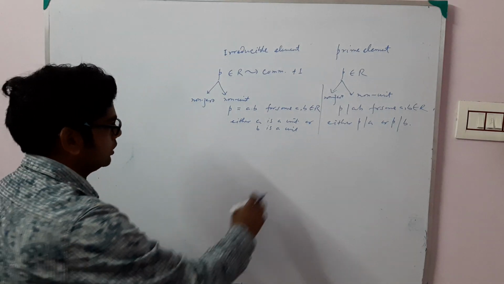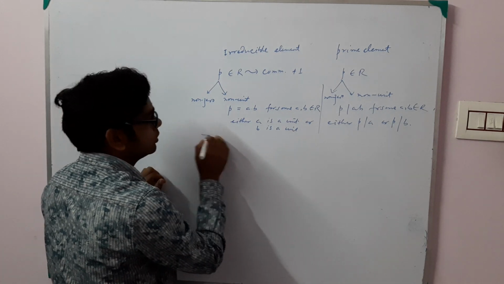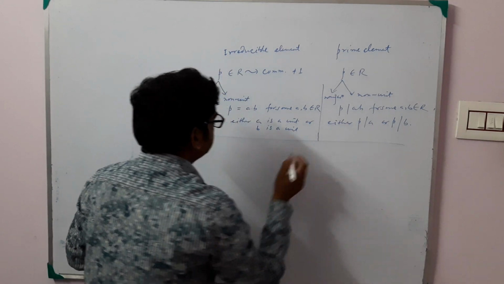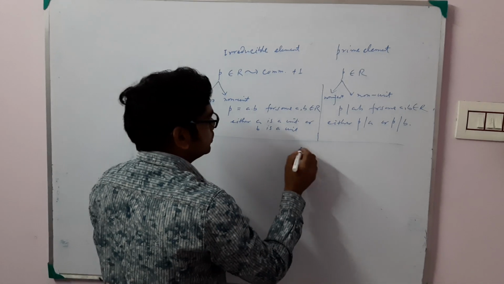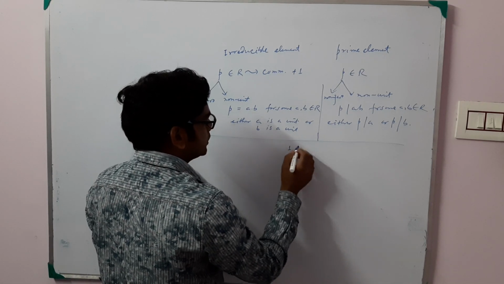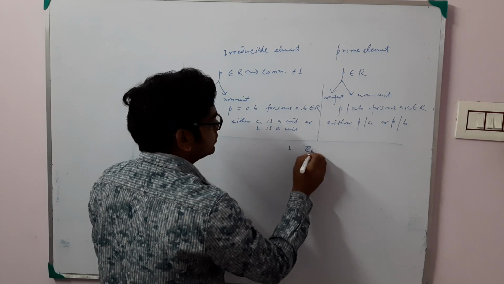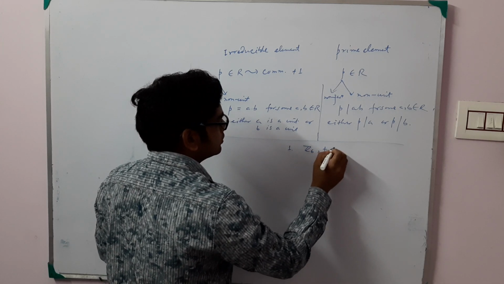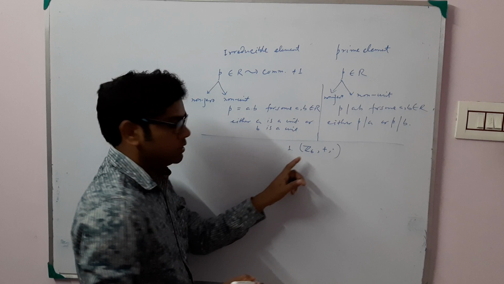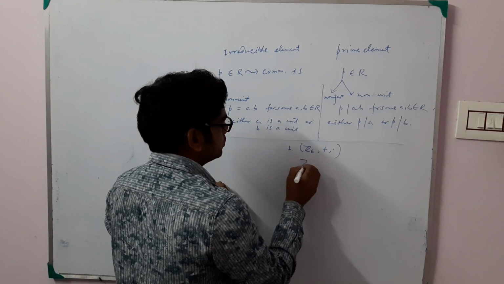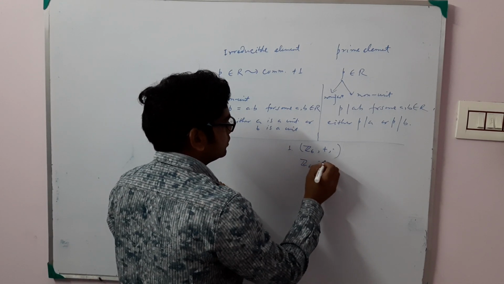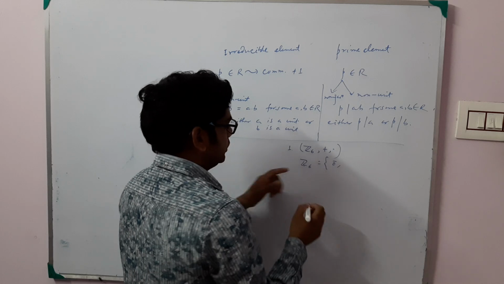So let us try to find all those. We consider the commutative ring Z6 with unity class 1. So we list all the elements of this ring.